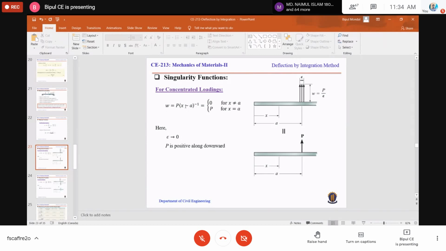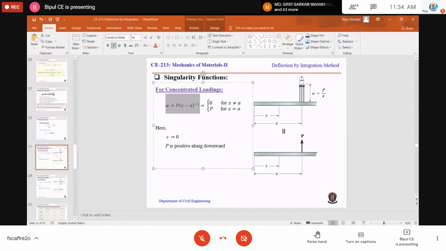And if x is equal to a, then W will be P. So it is the equivalent distributed force. The applied force is concentrated force P, but we have expressed the concentrated force in terms of distributed force using this expression.